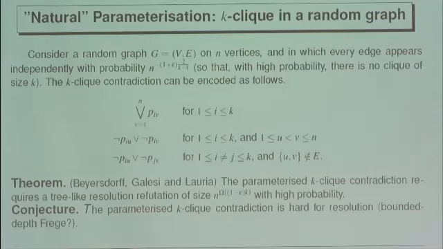So I wouldn't expect that you could refute the existence of clique on all instances by even a powerful proof system. So at the moment I'd say that this is the most prominent candidate for showing parameterized lower bounds for strong proof systems.